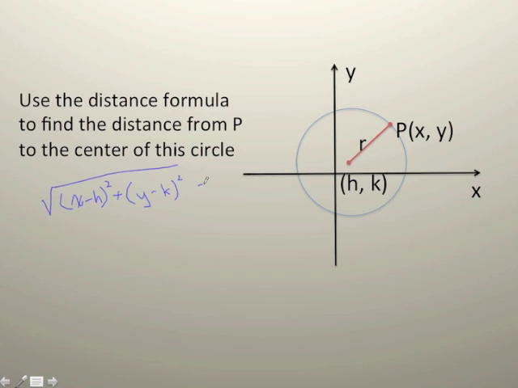The square root of that equals the radius. Or, squaring both sides, the radius squared equals x minus h, the quantity squared, plus y minus k, the quantity squared.